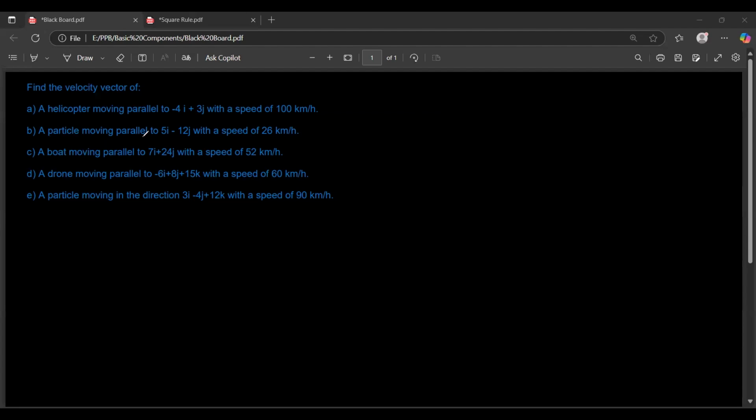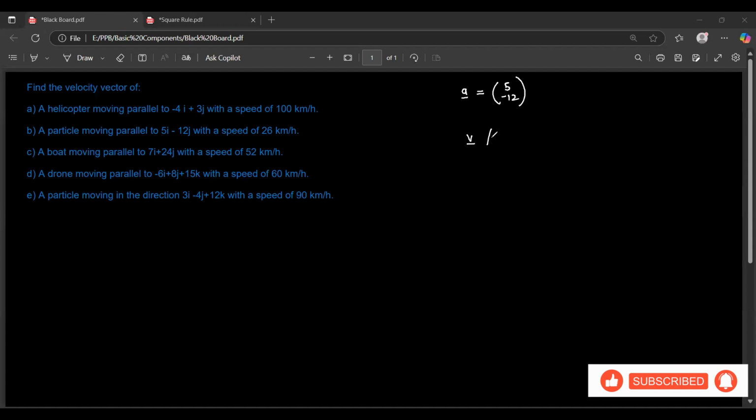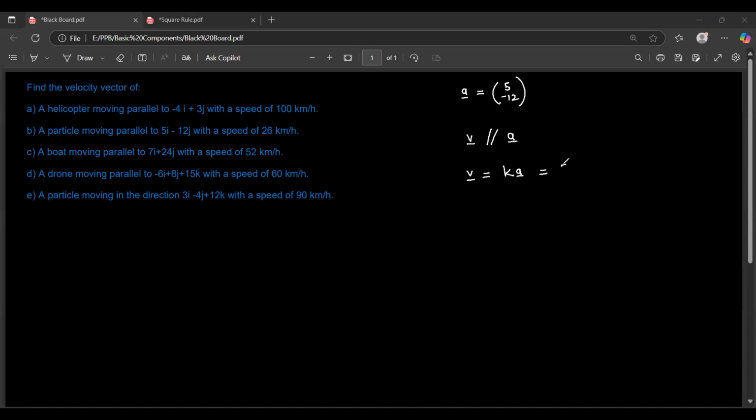In the next question, they are saying the particle is moving parallel to 5i minus 12j. So a is equal to 5, minus 12, and v is parallel to a. So v can be given as ka, which will be 5k, minus 12k. At the same time, they are giving us the speed, which is 26 kilometers per hour.